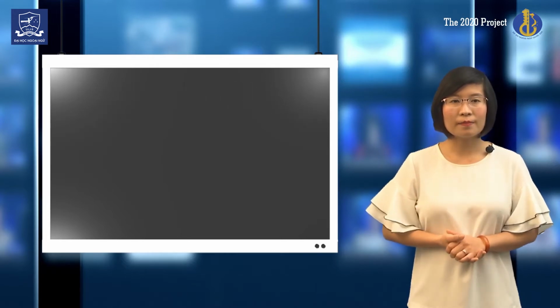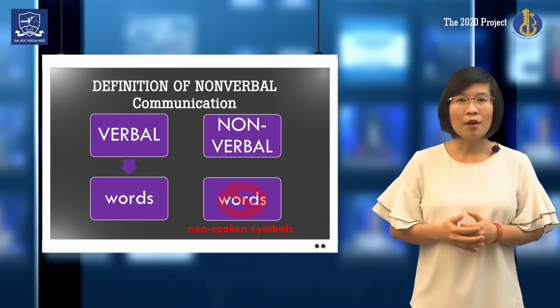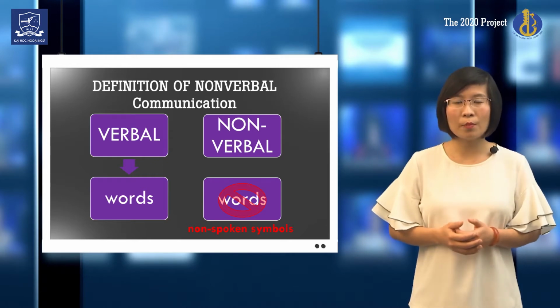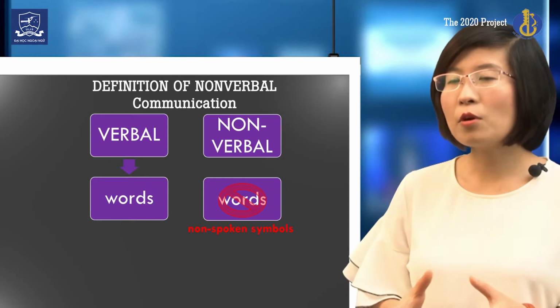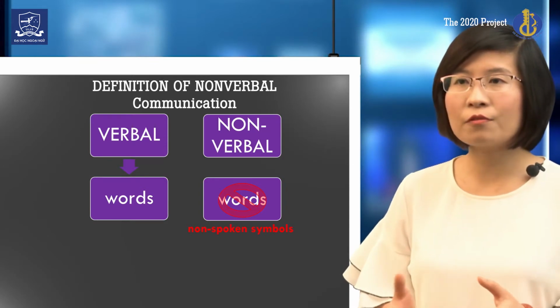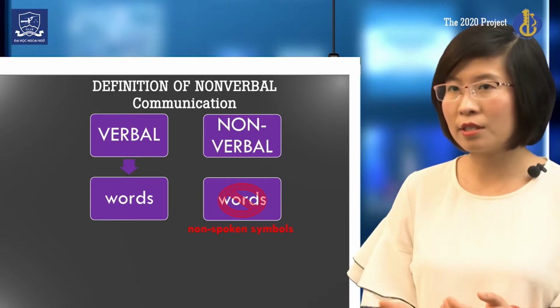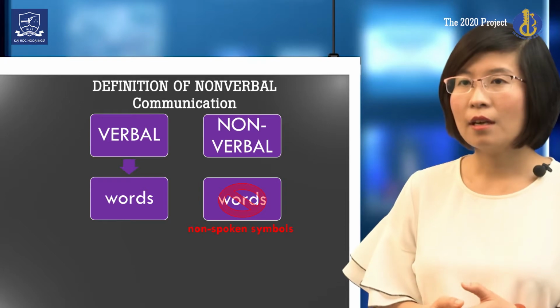Let's get started. To define nonverbal communication, firstly, it makes sense to differentiate nonverbal communication from verbal communication. Verbal communication, as you learned from the previous module, means communication with words. Those words can be spoken or written.